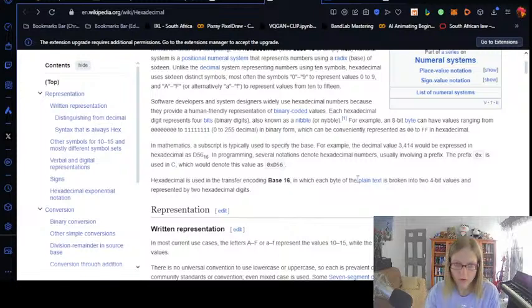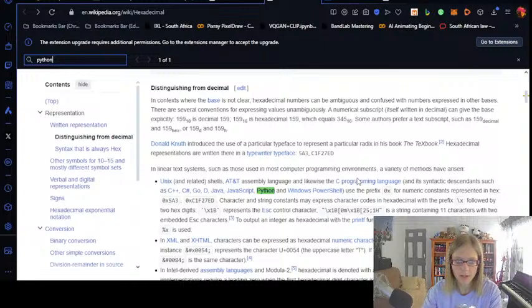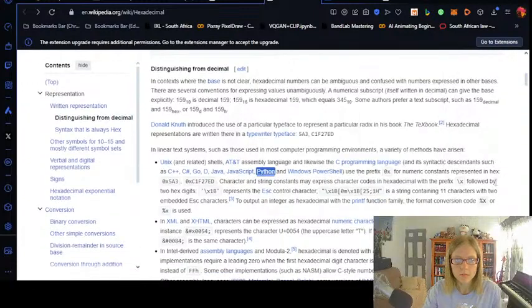Then I wanted to also show you, here we go, distinguishing from decimal. In contexts where the base is not clear, hexadecimal numbers can be ambiguous and confused with numbers expressed in other bases. There are several conventions for expressing values unambiguously.